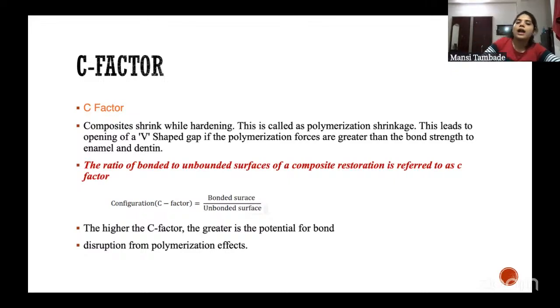What this means is that the more bonded surfaces there are, the more chances for shrinkage, the more forces, and that V-shaped gap will be created and the bonding will eventually weaken. So this is what the C factor means.